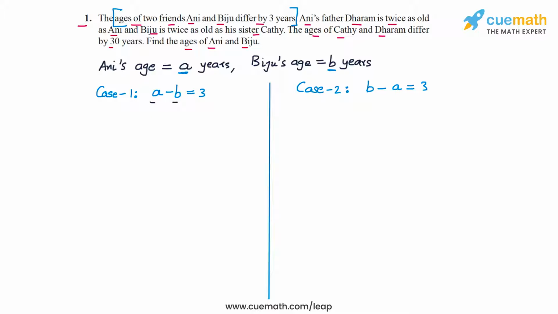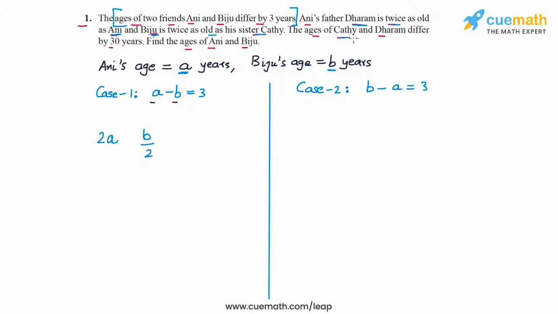Now the second piece of information given to us is that Ani's father Dharam is twice as old as Ani. So Dharam's age is twice of Ani's age, so that's 2A, while Biju is twice as old as his sister Kethi, or Kethi's age is half of Biju's age. So Kethi's age will be B by 2.